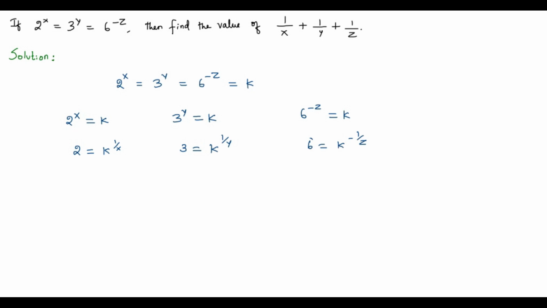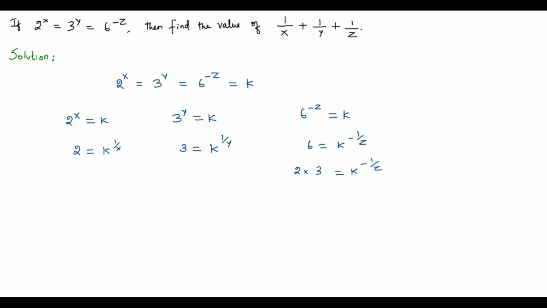Okay, now what we can do is we can write this 6 as 2 times 3. That is 2 times 3 is equal to k to the power of minus 1 by z. Okay, so here from this equation we know that 2 is equal to k to the power of 1 by x. So for this 2 we can substitute k to the power of 1 by x, and for 3 we can substitute k to the power of 1 by y.